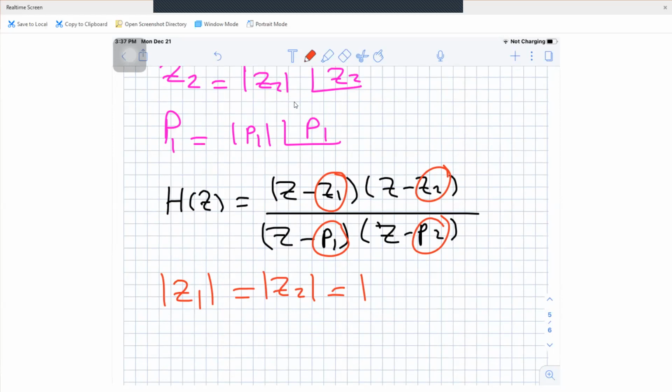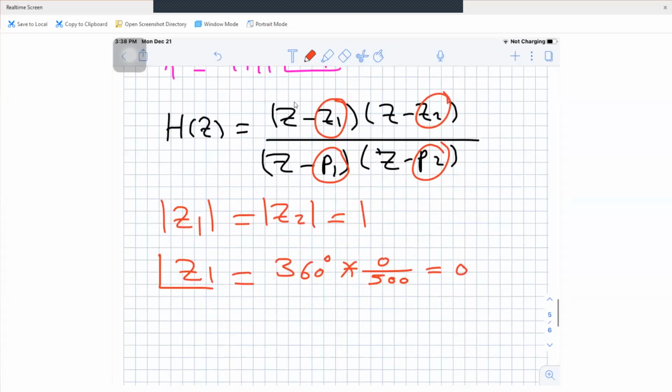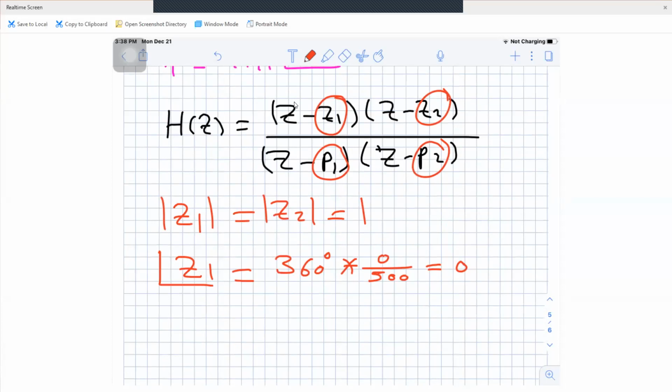The angle of each zero can be calculated as follows. The angle of Z1 equals 360 degrees multiplied by 0 divided by the sampling frequency, so the angle will be 0. The angle of Z2 will be 360 degrees multiplied by 250 divided by the sampling frequency, which is 500.